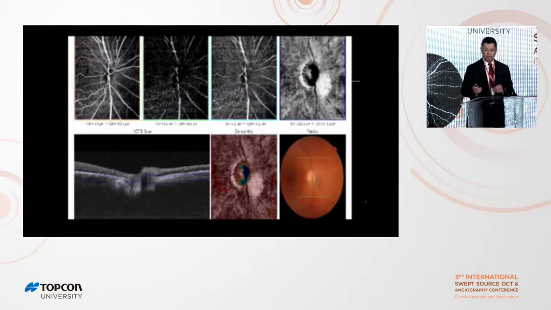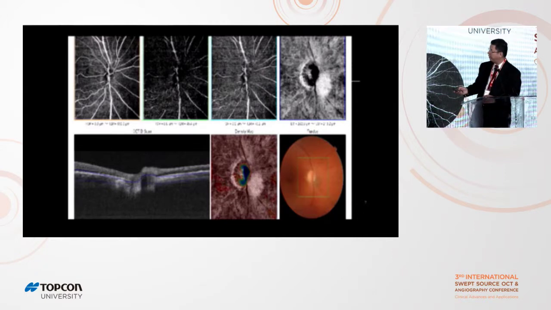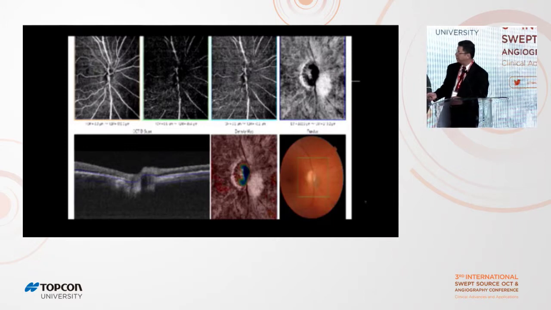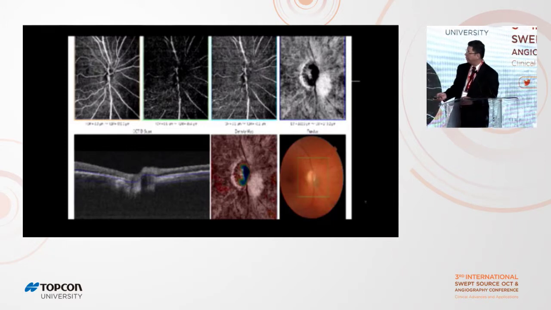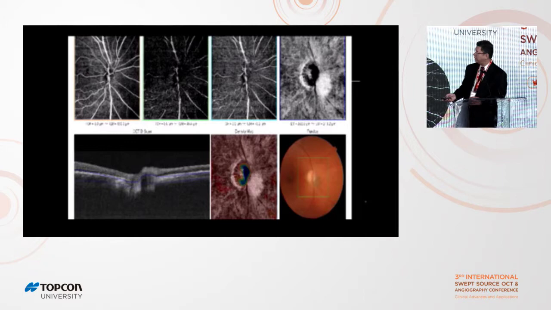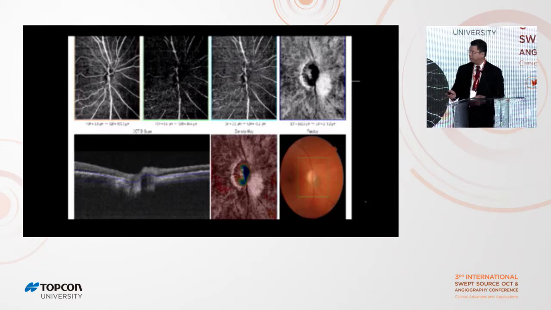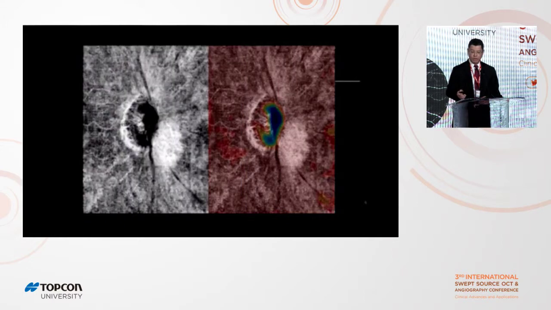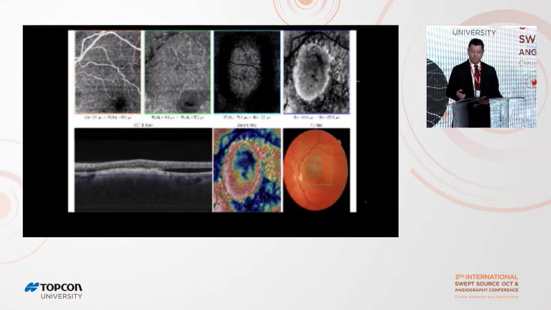And the OCTA typically shows that these lesions are hyper-reflective. If you look at the lesion on the color fundus photographs, then you can see that on the OCTA the area corresponding to this lesion is hyper-reflective, and I will show some more examples like this one, a hyper-reflective lesion.